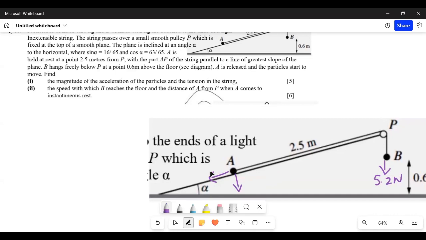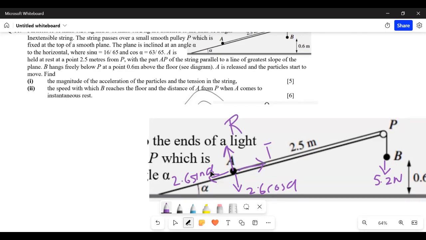I'm going to write 2.6 cos theta and 2.6 sine theta. In fact, instead of theta, I should be writing alpha, because that's the symbol they've represented the angle with. And then we have R in this direction, and then we have T in this direction. There's no friction this time.